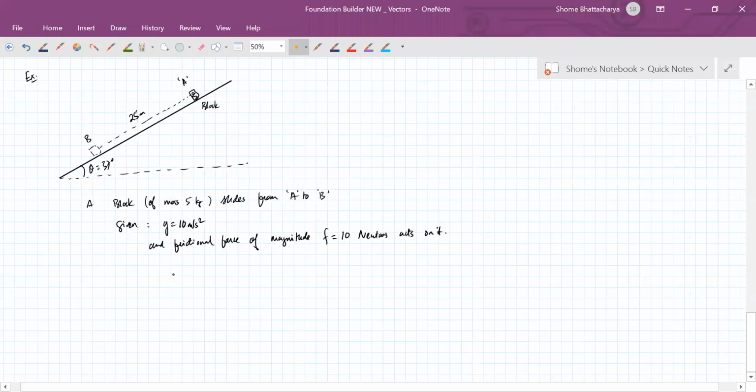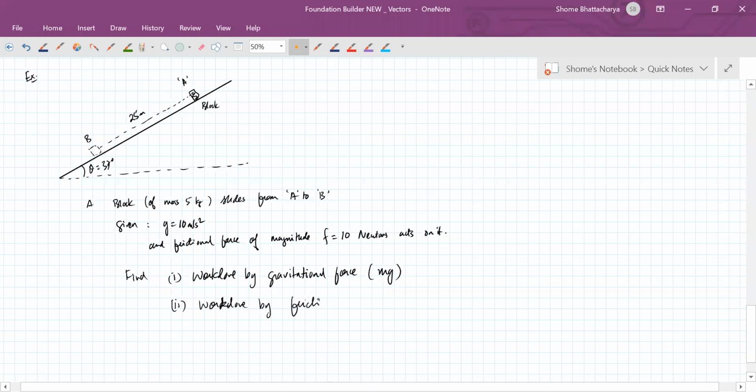Find the work done by gravitational force, that is its weight mg, and the work done by frictional force, during the displacement from A to B. Just work this out quickly.